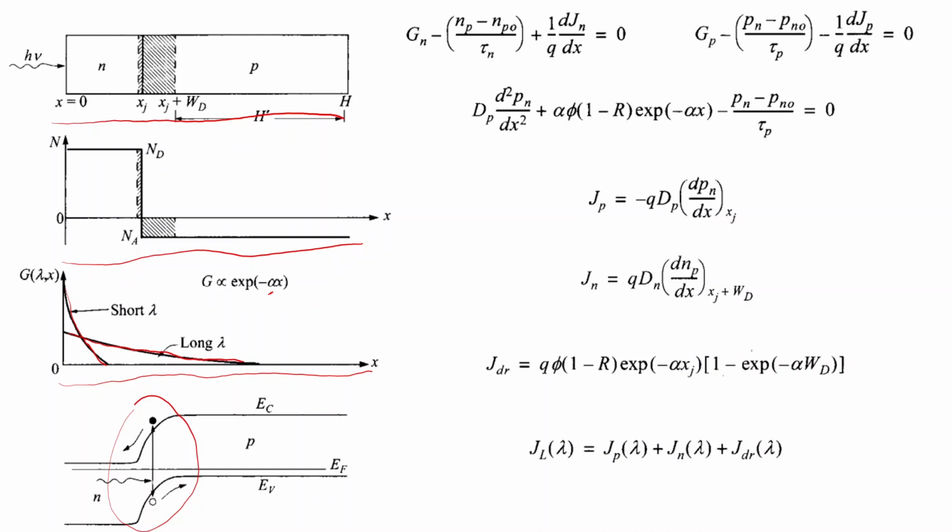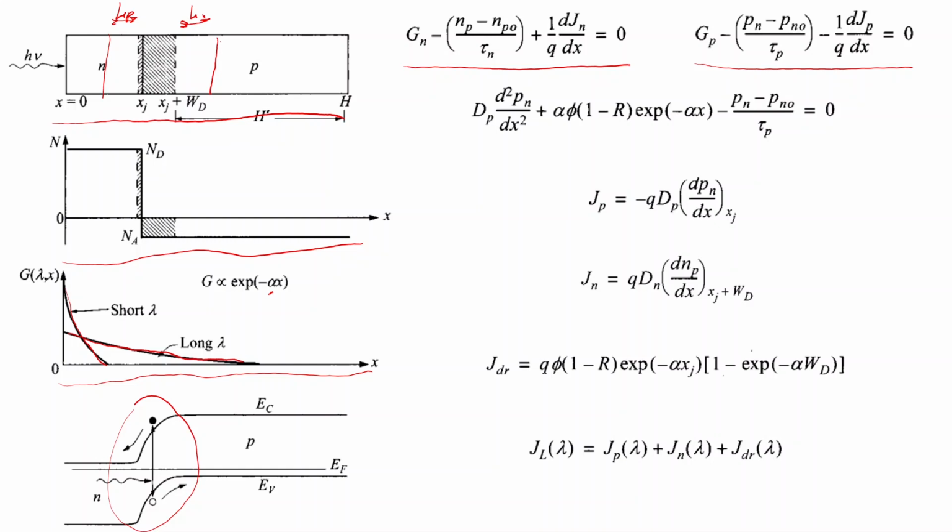So let us start with contributions from neutral regions within this diffusion length. It will be Ln and Lp. So these will be diffusion currents. We can write continuity equations for electrons in the p-type semiconductor and holes in the n-type semiconductor.